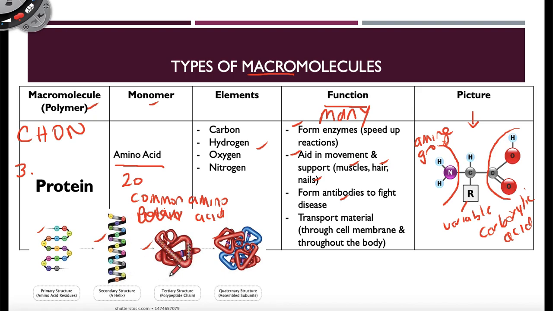Tertiary structure, these are three-dimensional structures, for example, in enzymes with catalytic activity properties. And then a quaternary structure, which is made up of many different tertiary structures. And for example, hemoglobin, which is found in red blood cells, is a quaternary structure, and it allows for the transport of oxygen in your blood.